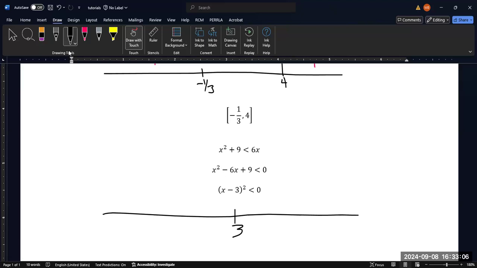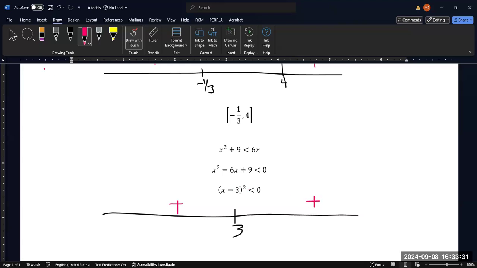Now, again, upward facing parabola. So this means, again, I can check values. If I put in 0, I'm going to get negative 3 quantity squared, which is going to be positive. And if I put in anything bigger than 3, like 4, I'm going to get 4 minus 3 is 1. 1 squared is positive.